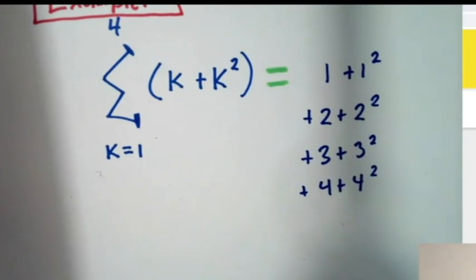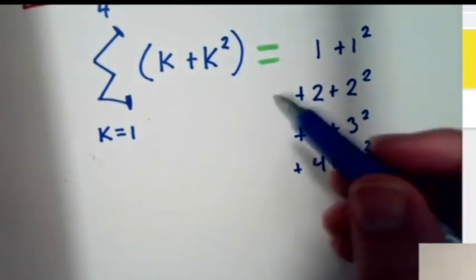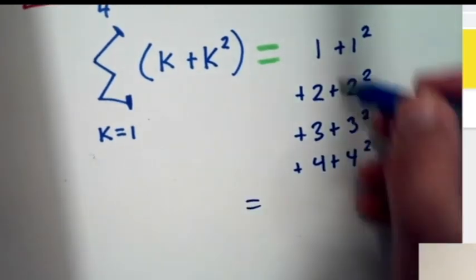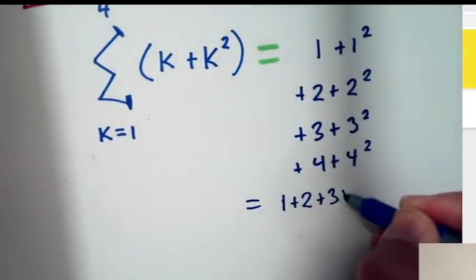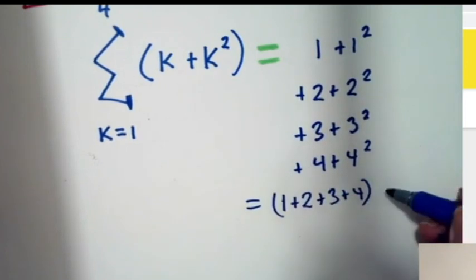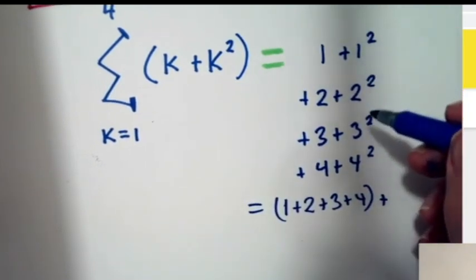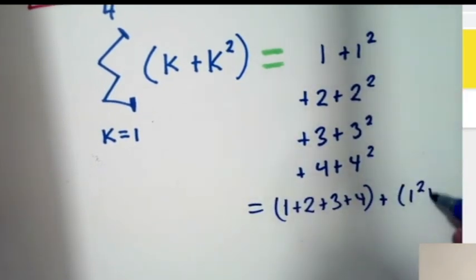But because of addition and the properties it has, I could rearrange these terms. And so I could rewrite the 1 plus 2 plus 3 plus 4 part as its own thing. And I could write the 1 squared plus 2 squared plus 3 squared plus 4 squared part as its own thing.